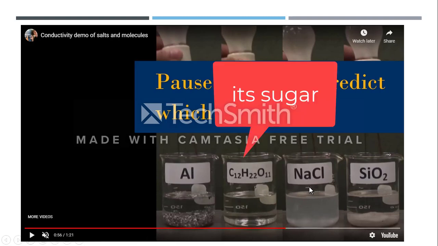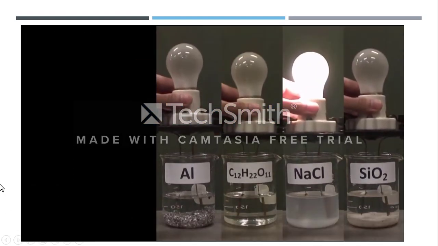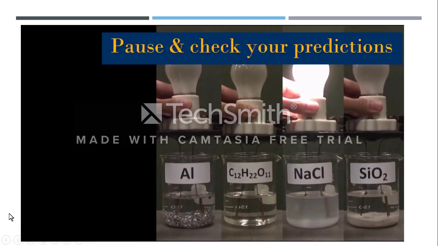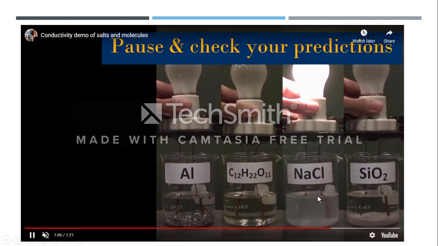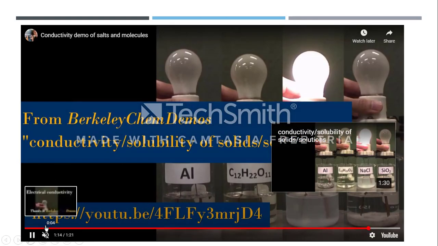This is an ionic compound, sodium chloride. This is a covalent compound, and our aluminum is in water. It didn't even dissolve. So let's take a look at what happens with the bulbs. See? So with your sodium chloride, it now becomes a conductor. So your sodium chloride is a very strong electrolyte and it allows the bulb to light.